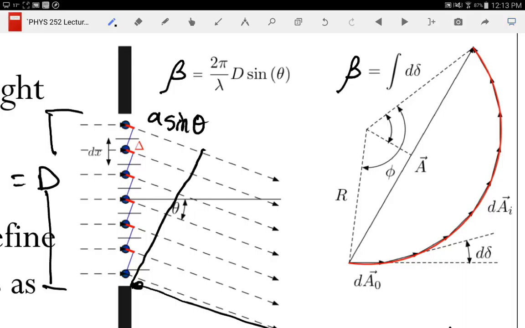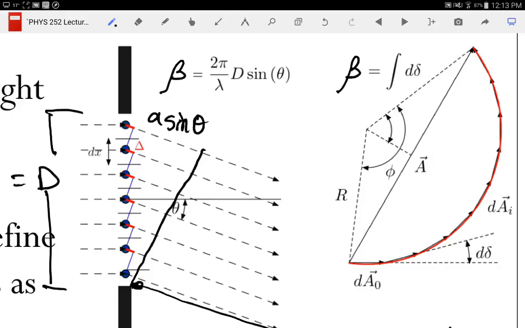And then going from where I started to where I ended tells me the total electric field. Well, if I'm doing it for an actual opening, I have to have an infinite number of slits. And so the red is having an infinite number of slits, and then you have a nice perfect circle, or a perfect arc of circle. Now we're going to have to use geometry to figure out how this helps me.